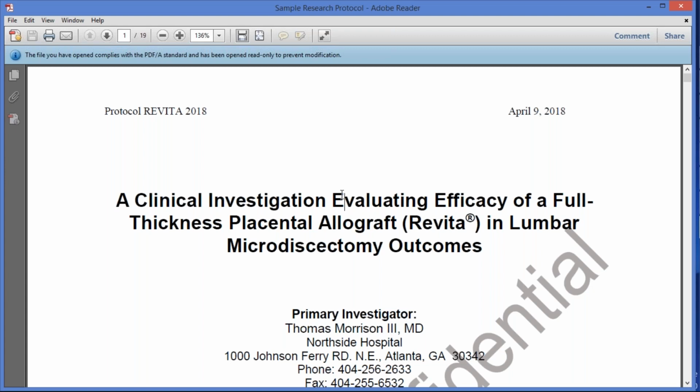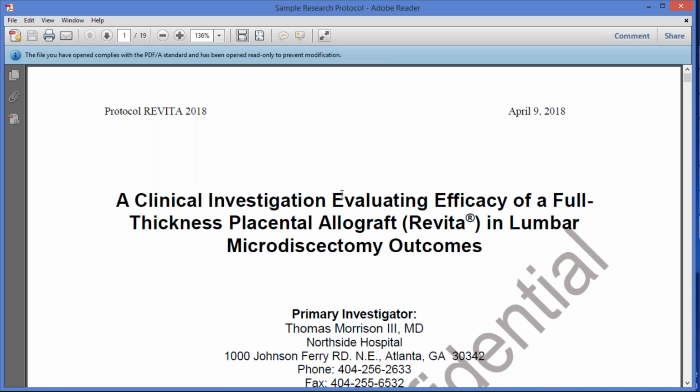So this is the protocol title, if you can see. First, let us understand the title. On the title page, what we have: the address and telephone numbers of all the concerned departments and persons, the title of the study, and approval information.